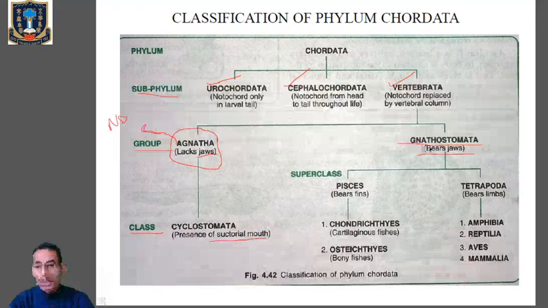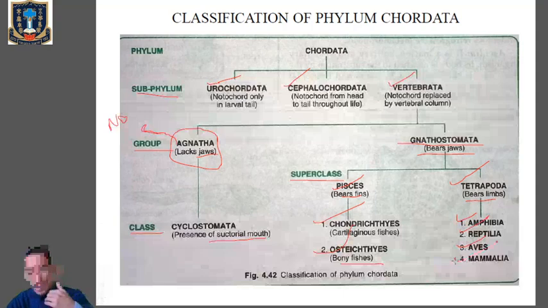Then Gnathostomata is divided into superclasses. Now what are the superclasses? The first one is Pisces, which bears fins, and number two is Tetrapoda, which bears limbs. Pisces is further divided into Chondrichthyes, the cartilaginous fishes, and number two, Osteichthyes, the bony fishes. Then Tetrapoda, which bears limbs, is divided into Amphibia, Reptilia, Aves, and Mammalia.